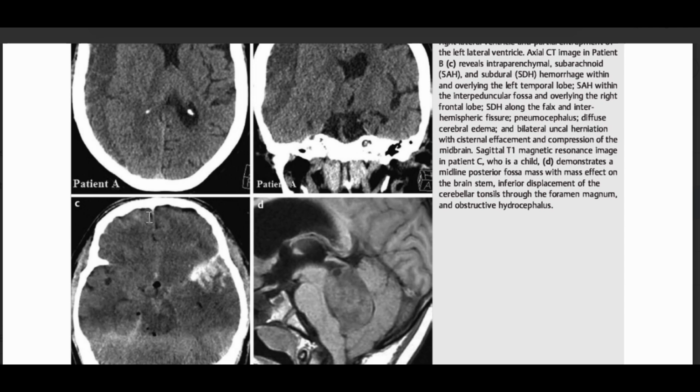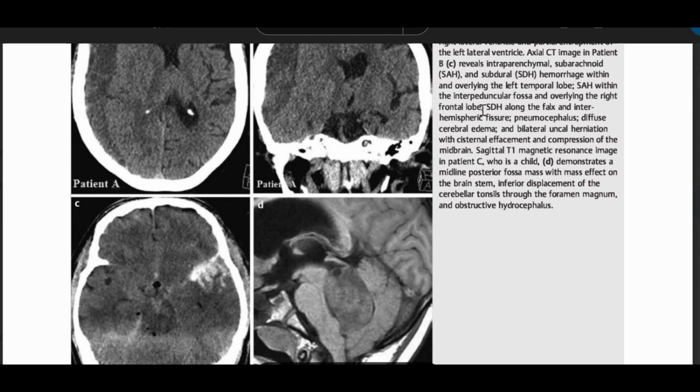This is considered subarachnoid hemorrhage. So there is subarachnoid hemorrhage overlying the right frontal lobe within the sulci.